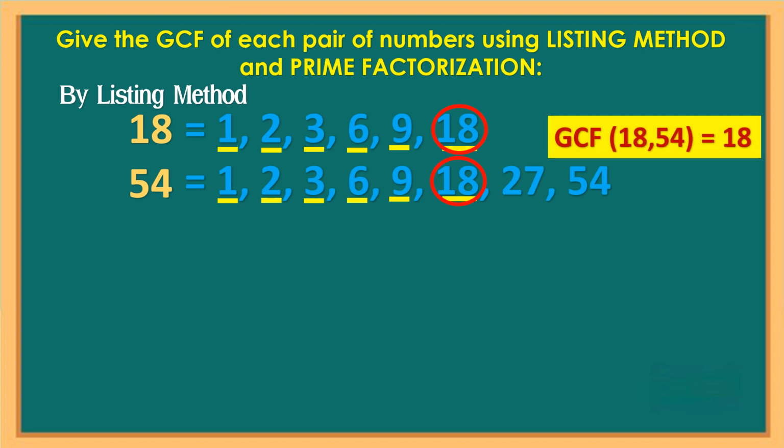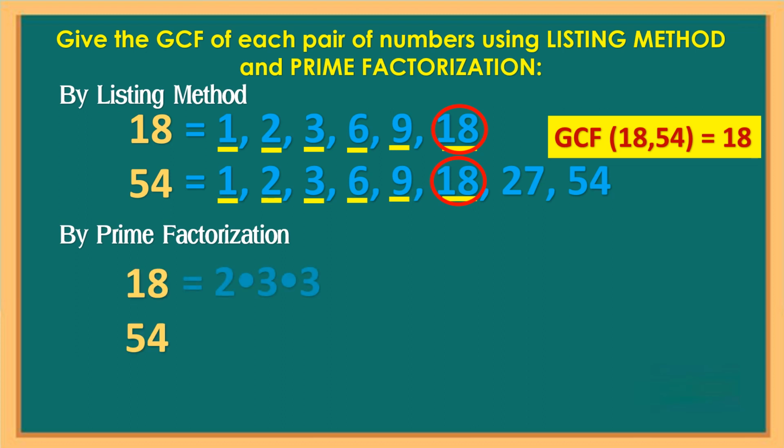Using the prime factorization of 18 and 54, the prime factors of 18 are 2, 3, and 3 because 2 times 3 times 3 is 18. For 54, we have 2 times 3 times 3 times 3, which is also equal to 54.